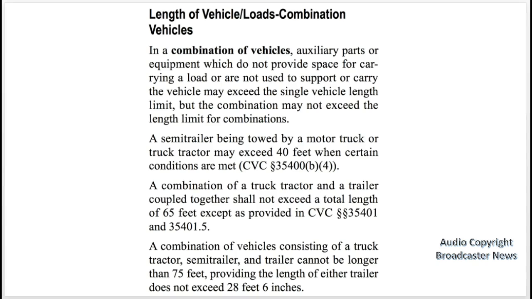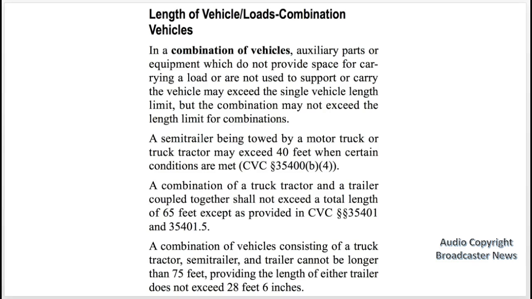Now, length of vehicles, combination vehicles. In a combination vehicle, auxiliary parts or equipment which do not provide space for carrying a load or are not used to supply or carry the vehicle may exceed the single vehicle length limit, but the combination may not exceed the length limit for combinations.